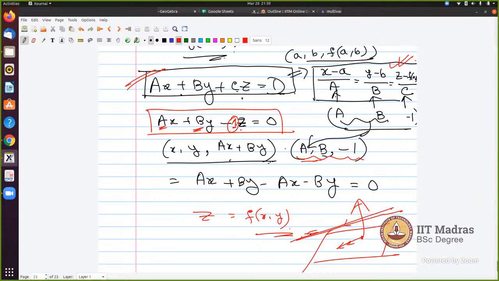So these two are in the same direction. This is a comma b, on R2. So a comma b comma 0 you can take if you want, which will be in the XY plane. That's why it is a 2 coordinate.